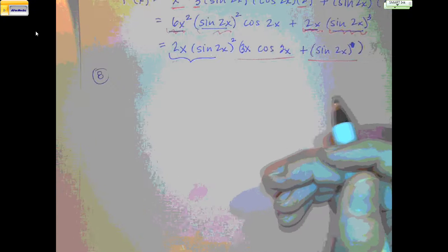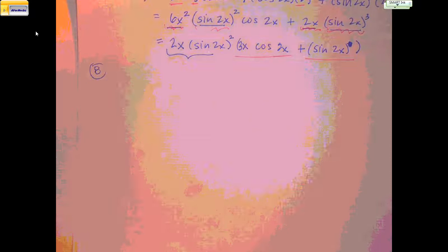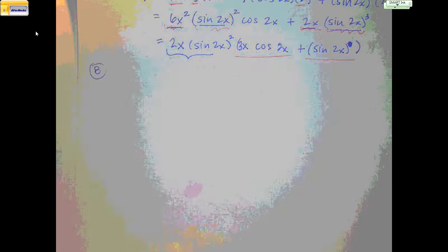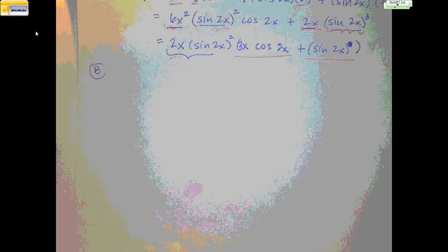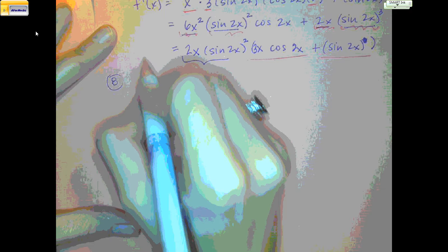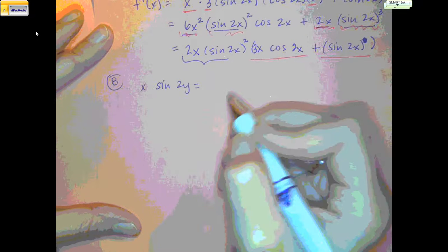So number 8, let's see here, where are we? 7, oh wait. Oh, I know, I was looking at the wrong paper. Got it. Okay. Sorry, these don't match up. X sine 2y equals x cosine y, and it says to use implicit differentiation.